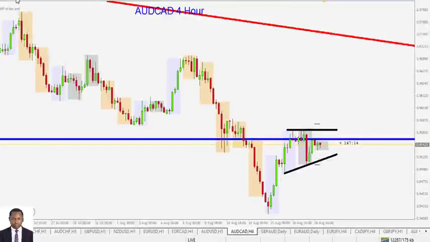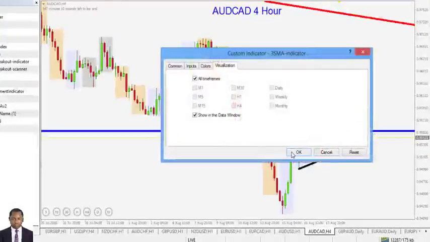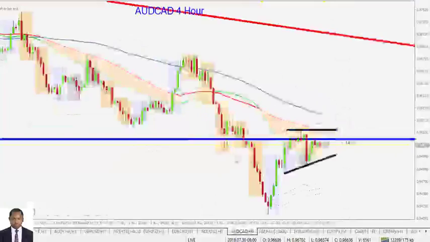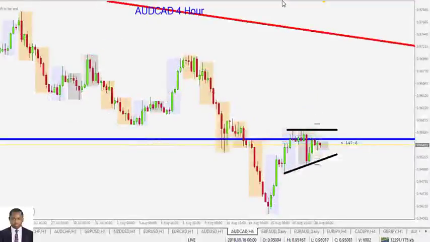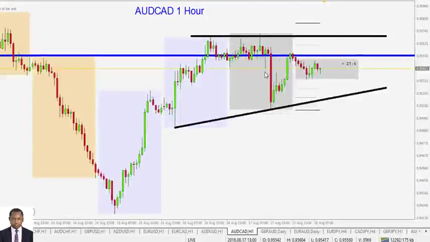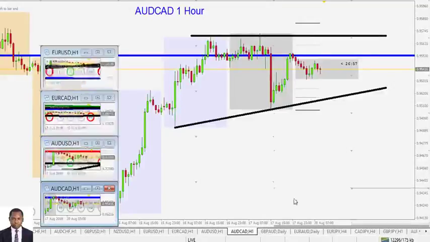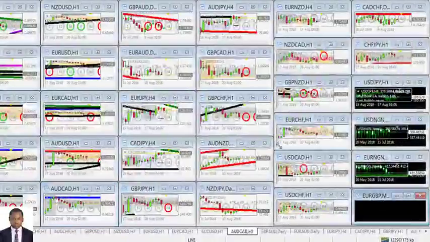Okay, by the end of today, we'll also be able to know whether to take a trade here or not. Also, hesitation is expected. Let me look at the Australian dollar against the Canadian dollar in the daily time frame.